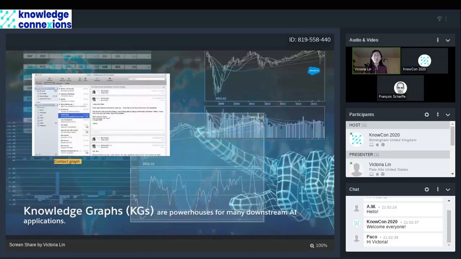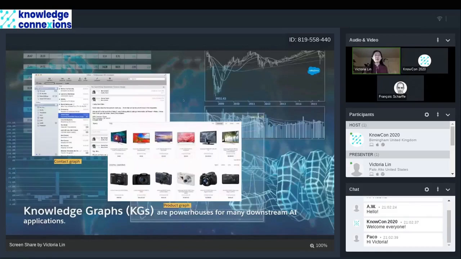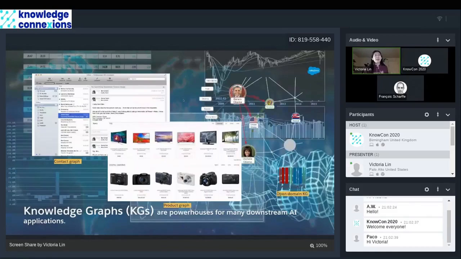So lots of times we can leverage graphs such as contacts we build from email list or your phone contact list, or product graph, which contains product information and how different products relate to each other, as well as common sense knowledge graphs such as those open domain knowledge graphs we can find from Wikipedia or other organizations.